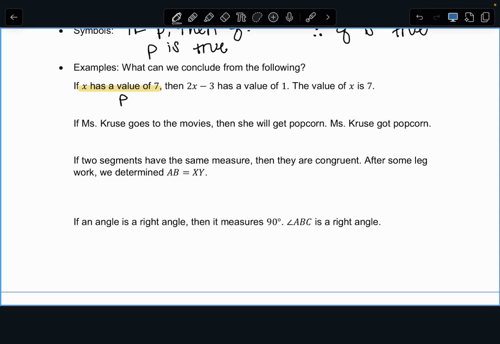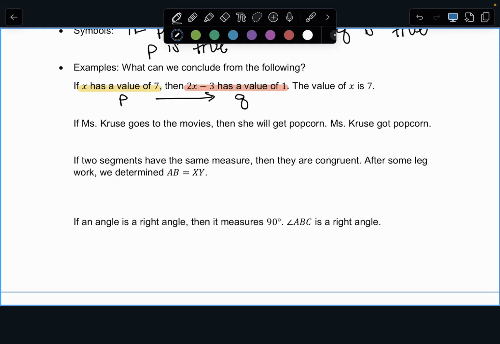Then 2X minus 3 has a value of 1. Is this piece the same as the yellow piece or something new? Something new. So let's call it Q, and let's highlight it a different color. So that first piece gives us our conditional statement, P implies Q.